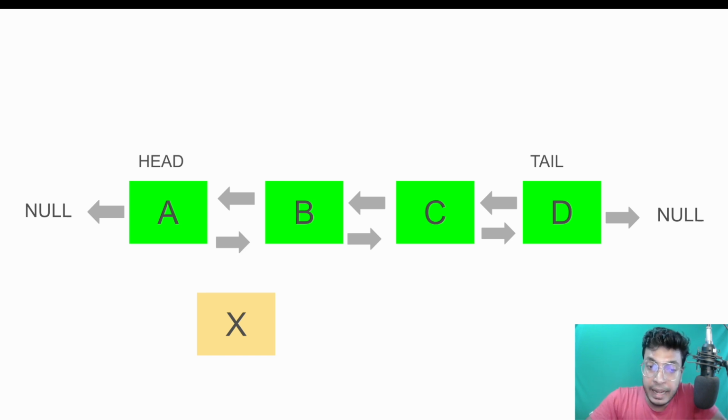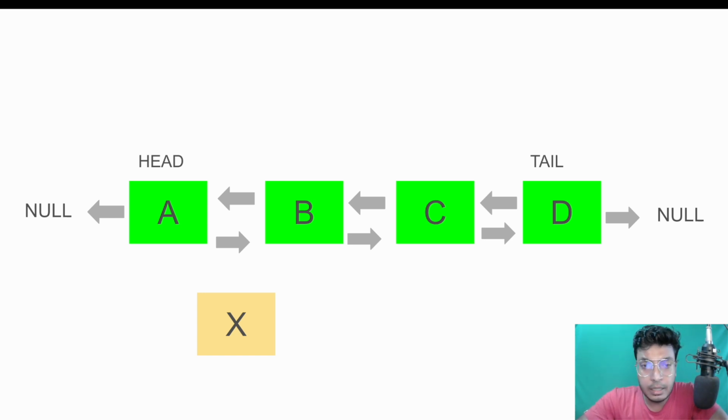This way X is an independent node which is not connected to the linked list at all, and A and B are connected to each other. That means we have simply removed a node from the linked list, and we have attached the previous and the next node of the removed node to each other. That is all we have to do in the implementation.